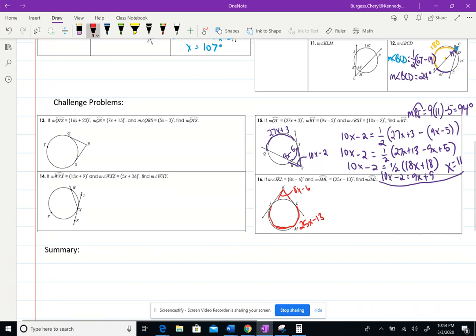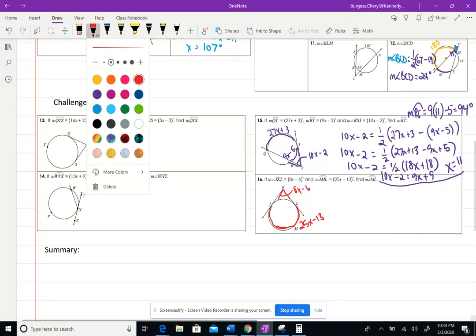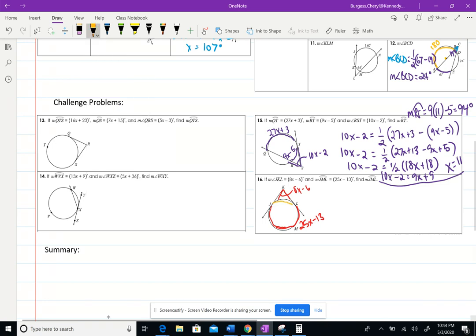Find the degree of the major arc. So they didn't give us the other intercepted arc, JL. So that stinks. It makes the math a little harder. But we can do it.